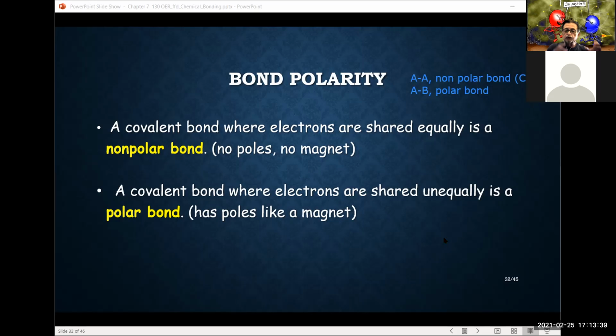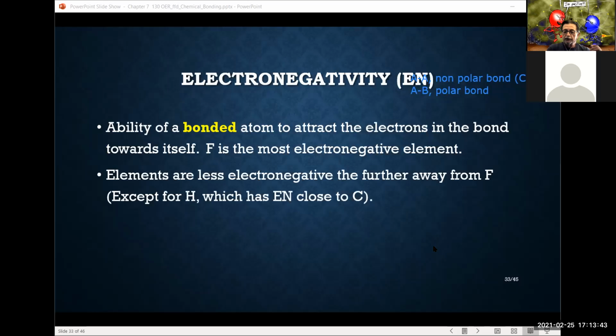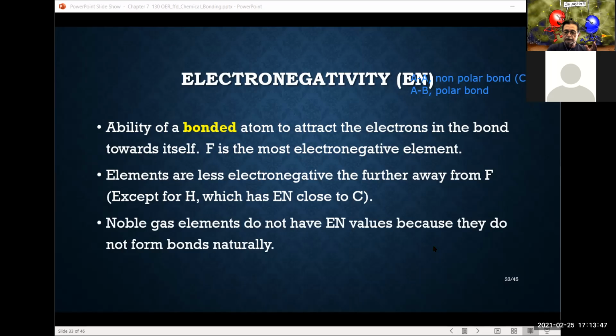Unequal sharing gives you polar bonds. And that's all related to the electronegativity. The only thing to remember: carbon hydrogen is a nonpolar bond. Their electronegativity is essentially the same. So for all practical purposes, it's like a diatomic molecule.